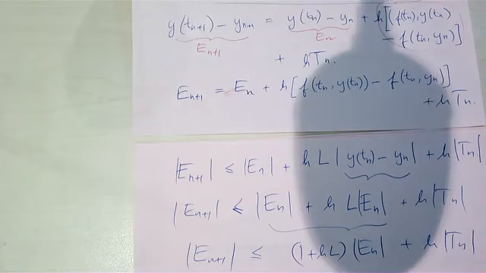Yeah, so essentially it's here. I summarize here. Yeah, so essentially you got to this line, yeah. So |e(n+1)| is less than (1 plus hL)|en| plus h epsilon. So what is epsilon? So now epsilon will be my maximal local truncation error.